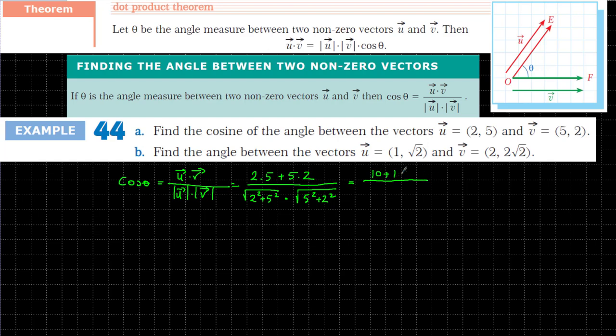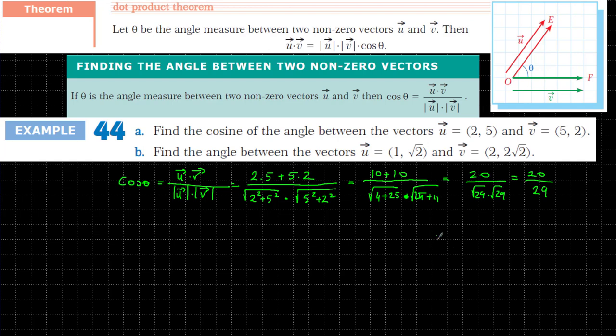This is 10 plus 10, divided by the square root of 4 plus 25 times 25 plus 4, which is equal to 20 divided by the square root of 29 times the square root of 29, which should be equal to 29.